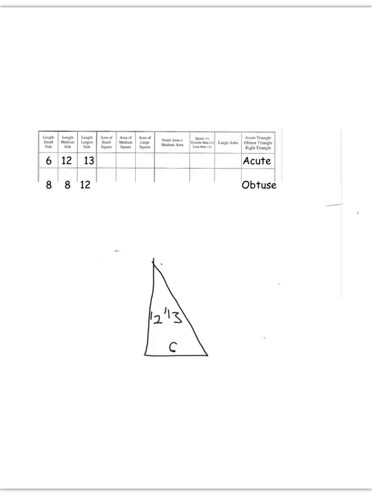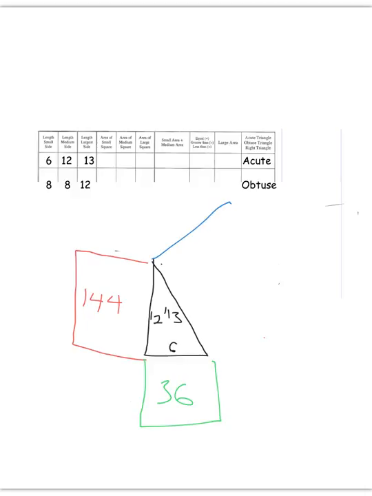Now if I make a square off of that side, the area of that square would be 144. The area off of this side would be 36, and the area off of this is 169. Up here in my diagram, you see the length of the small side is 6, and if I make a square using that length, the area would be 36.